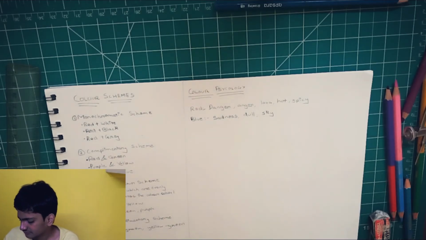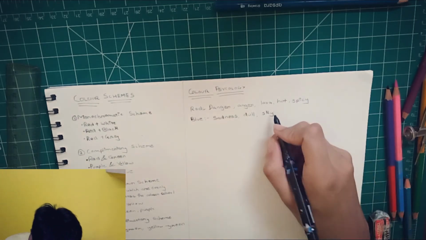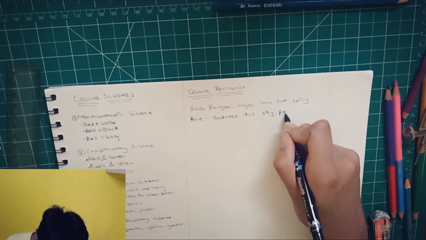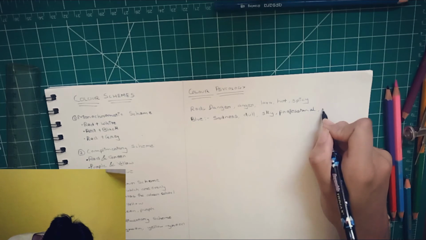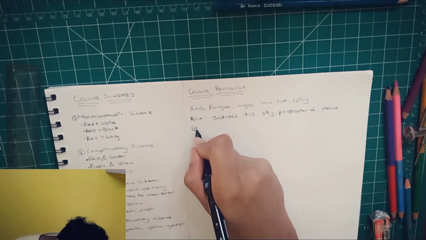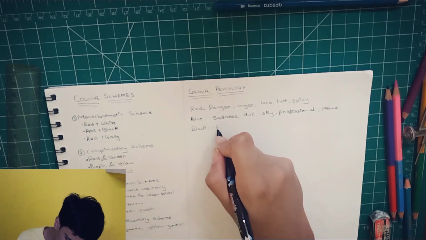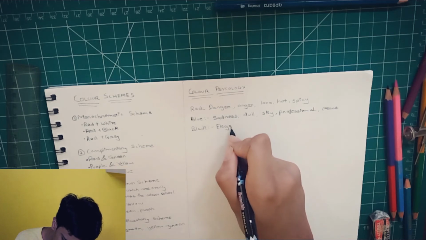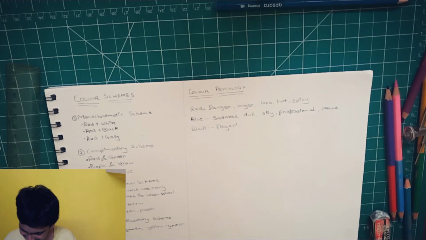Then it also kind of seems professional, peace, etc. Now with the color black, what do you think of black? Black is a really cool color, so I'm going to write elegant. It's elegant because everyone wears black suits. Black is the color of elegance. If it wasn't elegance, then why would everyone wear a black suit?